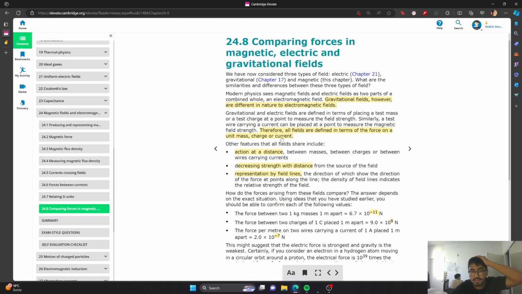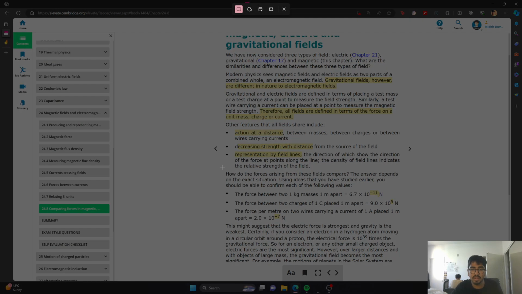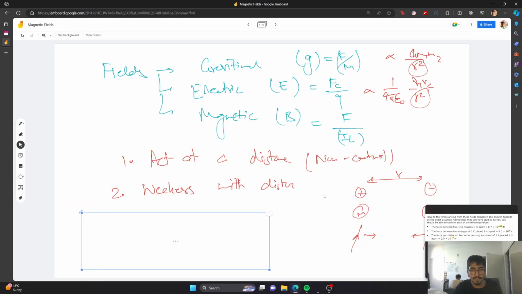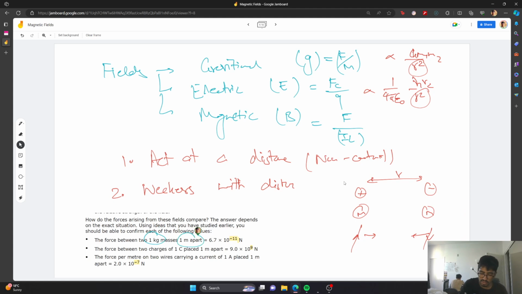And the last thing that we see here is the relative magnitude, just comparing them. If you have 1 kg 1 meter apart, or 1 coulomb 1 meter apart, or say 1 ampere of current 1 meter apart, then relatively the highest one is the electric force between them.